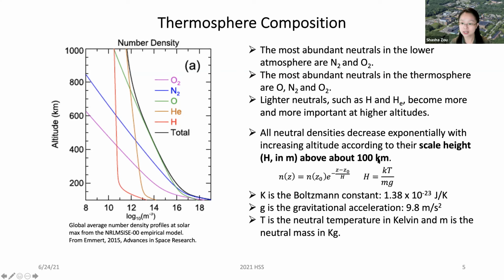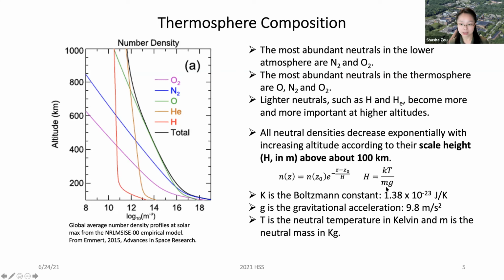So if you look at the equation of the scale height, you have the mass here in the bottom, right? So this tells you that if you have lighter neutral particles, that means your scale height will be larger, considering they are sharing the same temperature.